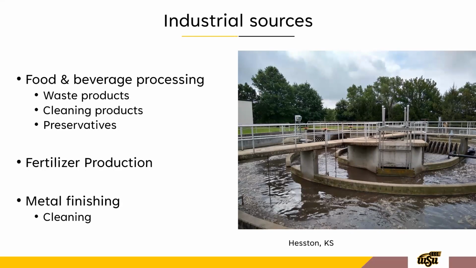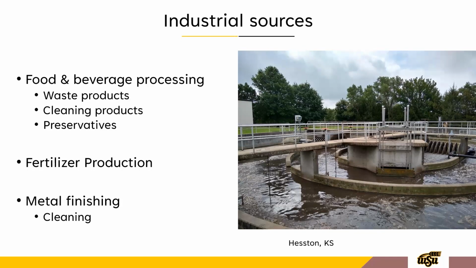So food and beverage processing, in my experience at plants here in Kansas and elsewhere, communities that have significant food and beverage processing often have much higher incoming phosphorus levels. And this is related to that food preservative for one case. As they're cleaning off waste that's attached to production processing equipment, some of that preservative will end up in the wastewater treatment plant stream.